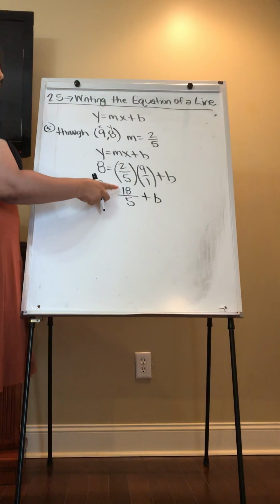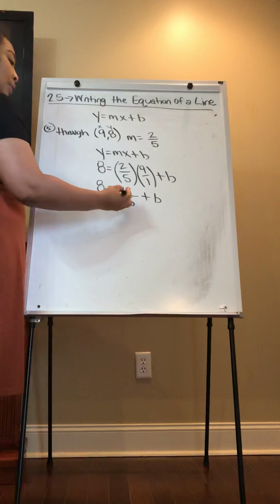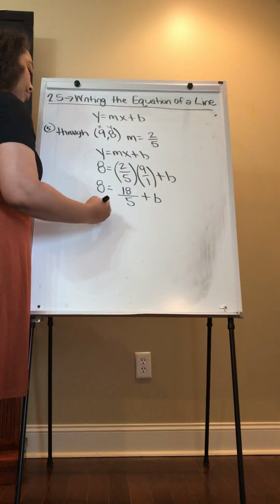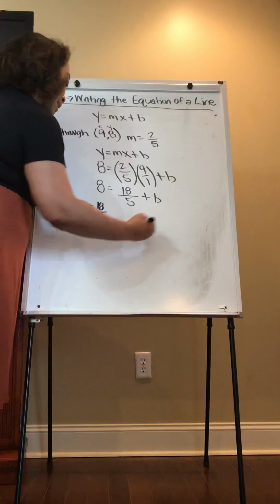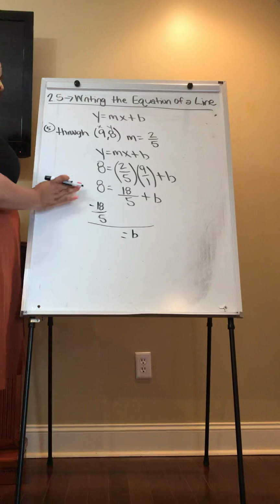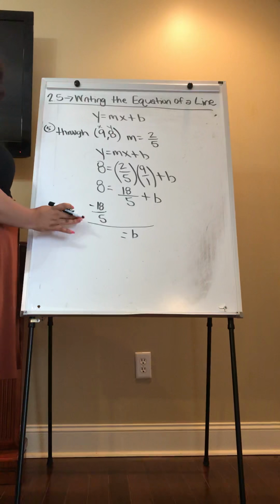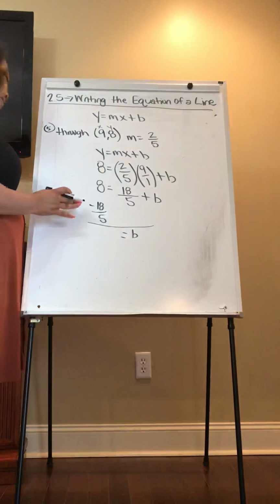And I'm showing you another example where the fraction doesn't reduce. So I'm going to subtract 18 over 5 from 8. Now this is 40 over 5, or you can type this in your calculator using the ABC button.